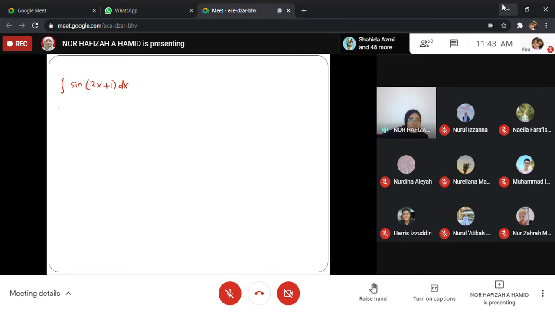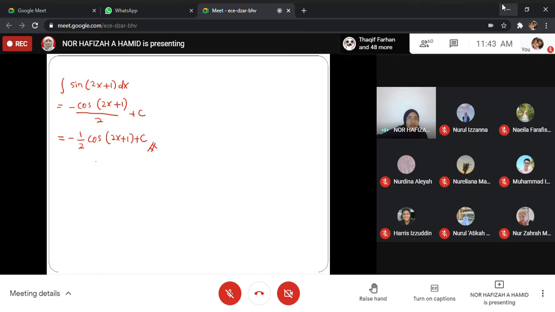Okay, so kat sini saya boleh pakai formula. So integrate sin is negative cos. So negative cos 2x plus 1. So you need to differentiate balik dalam bracket dapat 2. So you overkan dengan 2 plus dengan C. So answer dia you akan dapat negative 1 over 2 cos 2x plus 1 plus with C.